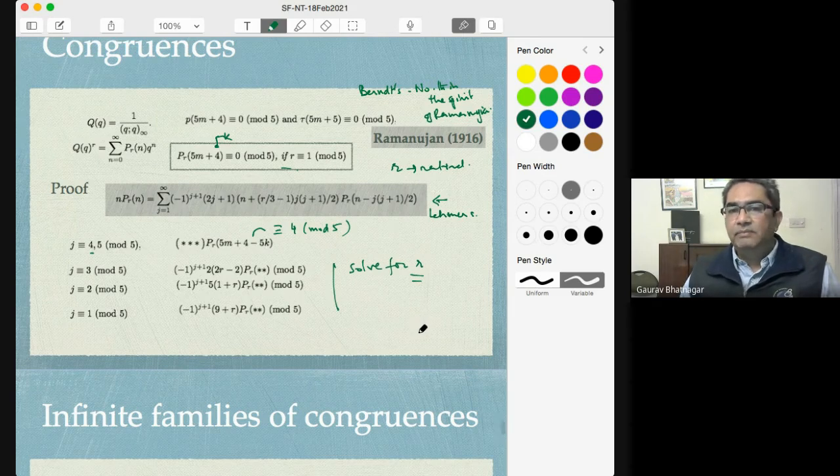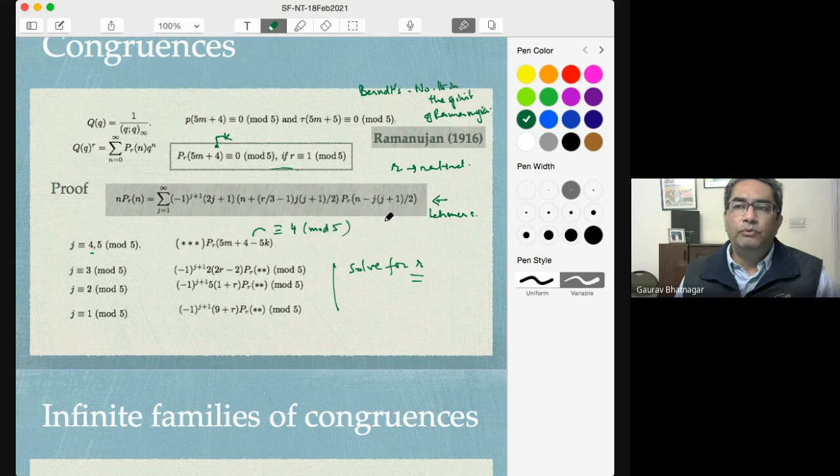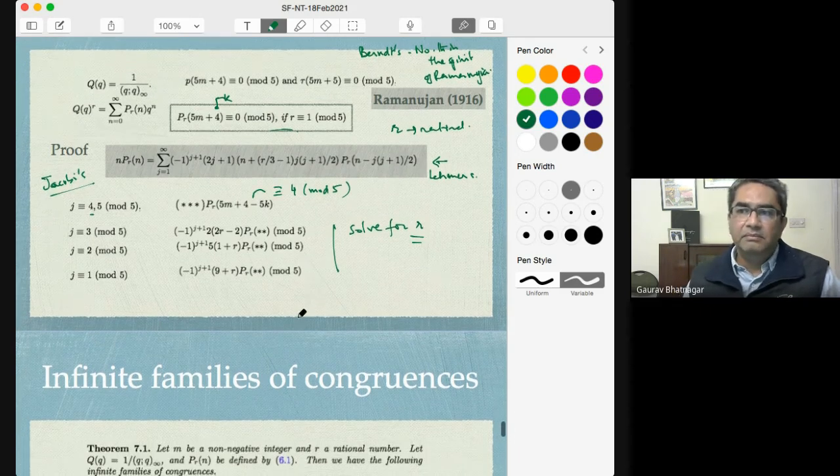It's one of the simplest proofs of these congruences for sure. It falls out immediately by looking at it term by term. I don't know any other recurrence where this happens. All the proofs involve modular forms and that sort of stuff. They're also elementary, but this requires Jacobi's result and some elementary manipulation.